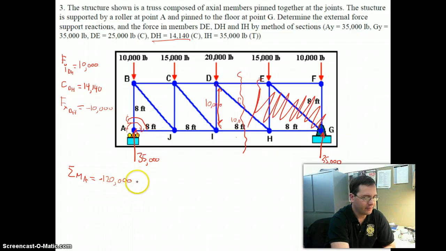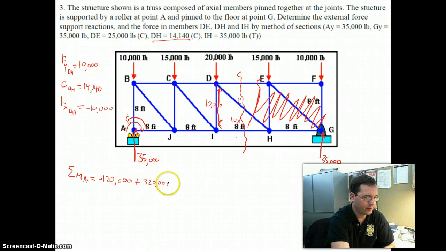So 120,000 pound-feet, producing a clockwise rotation, plus I have a 20,000 pound load at a radius of 16 feet, so that's 320,000 pound-feet.